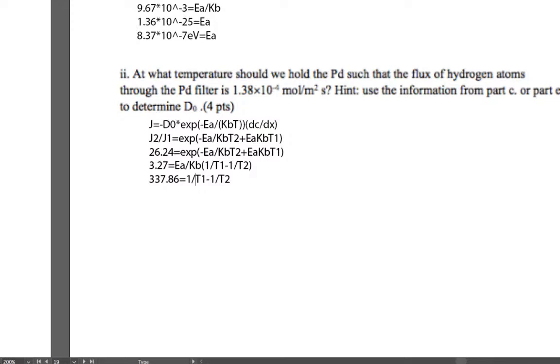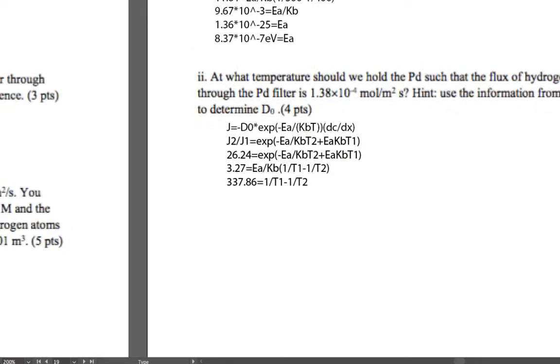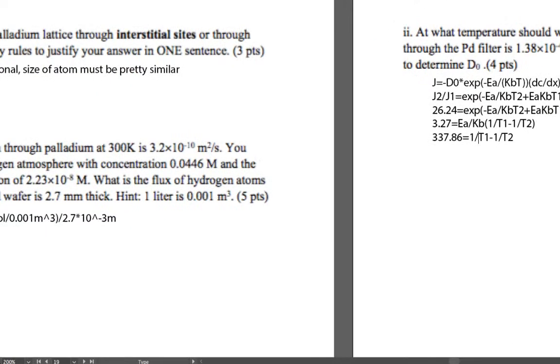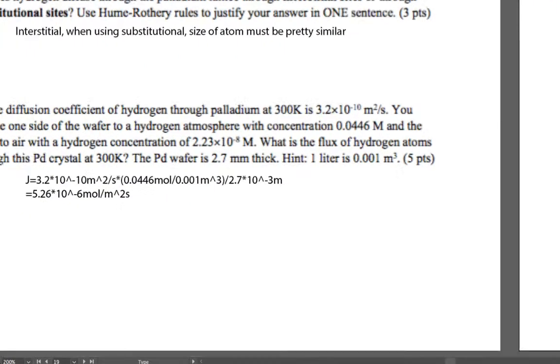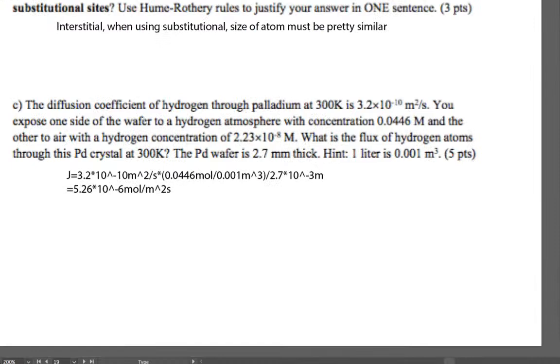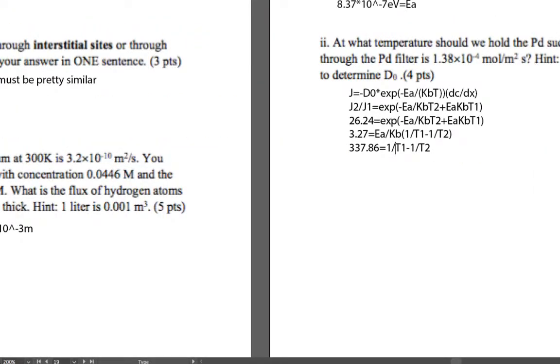T2 is a very big number as T1 is a small number. What fraction did I actually use? 1.38 times 10 to the power of negative 4, and then with my answer there of J, which is 5.26 times 10 to the power of negative 6. So that's J2 over J1.